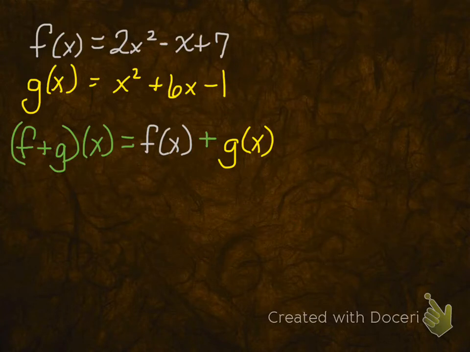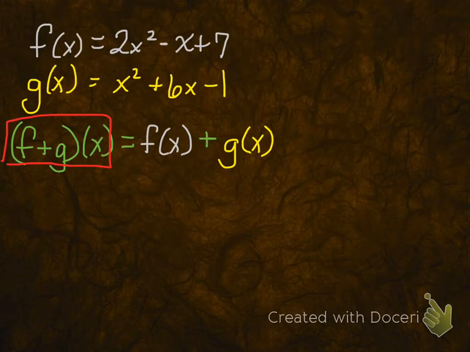So let's take the function f of x is equal to 2x squared minus x plus 7, and the function g of x is equal to x squared plus 6x minus 1. The first part here tells you the functions that are being added, f of x and g of x.